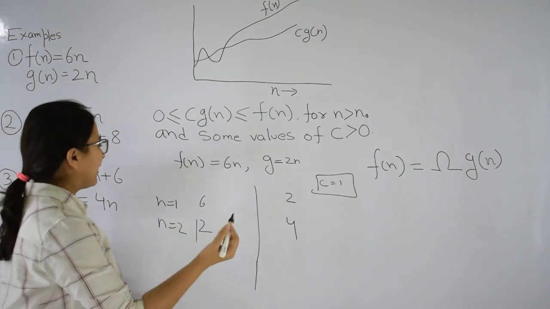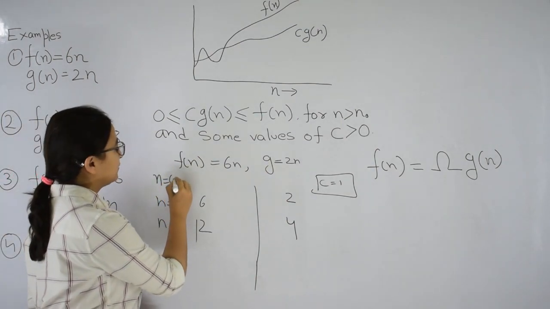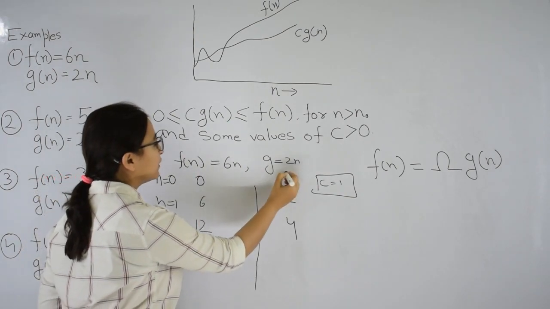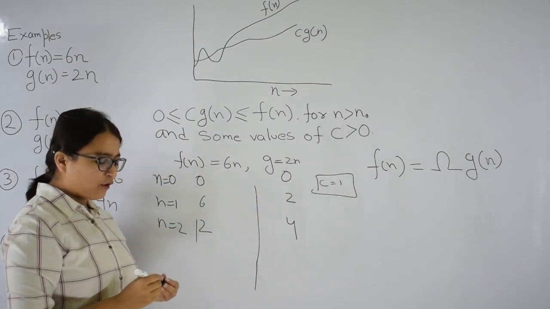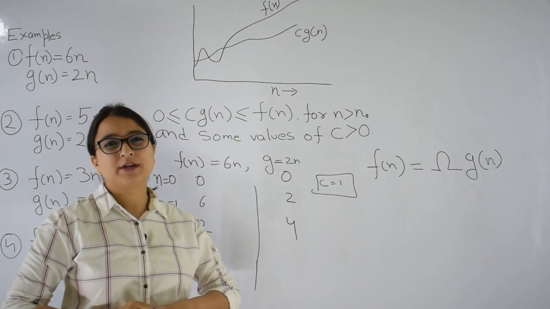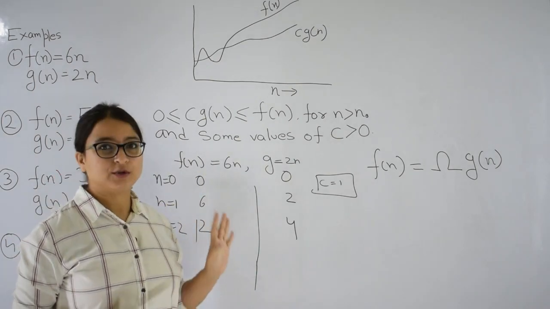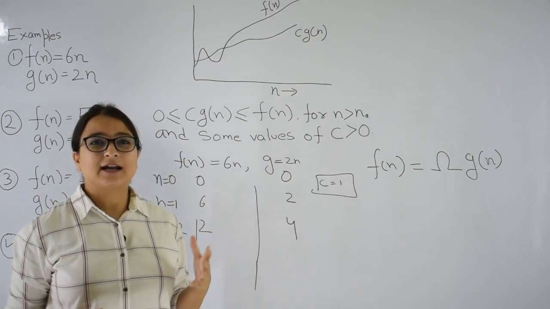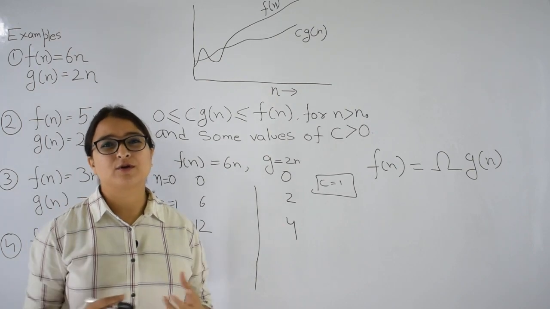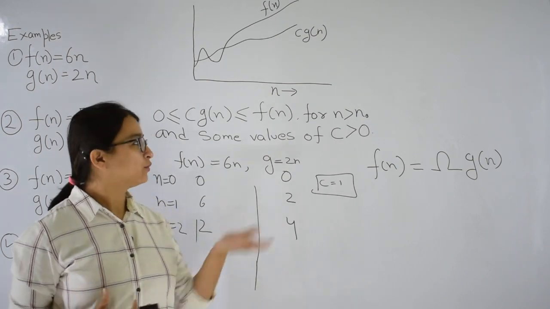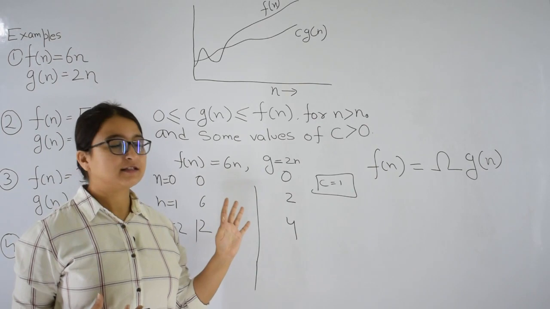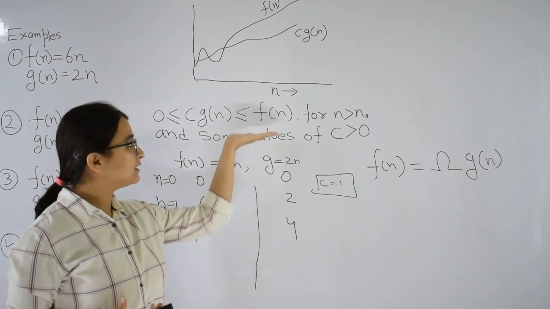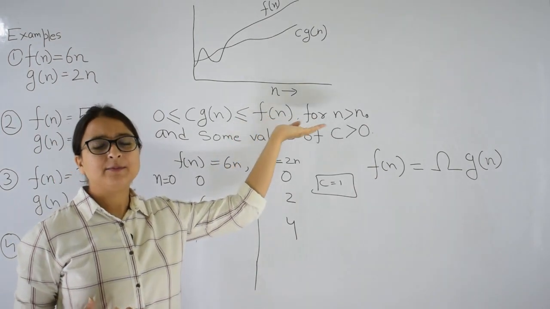You can also try for n is equal to 0. This will become 0 and this will also become 0. But for all practical purposes, we tend to care less about this n is equal to 0 case. The reason is that n is equal to 0 means no input, 0 input. And in the whole of this asymptotic analysis, we are calculating things as a function of input size.